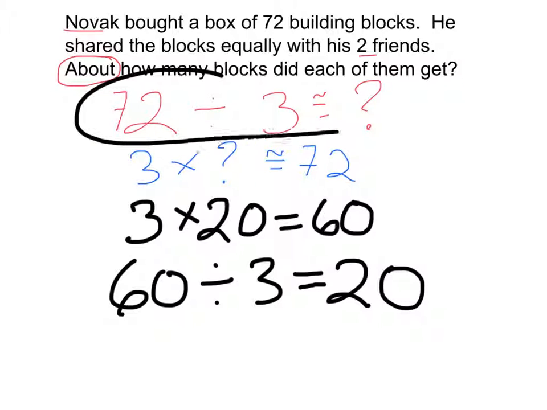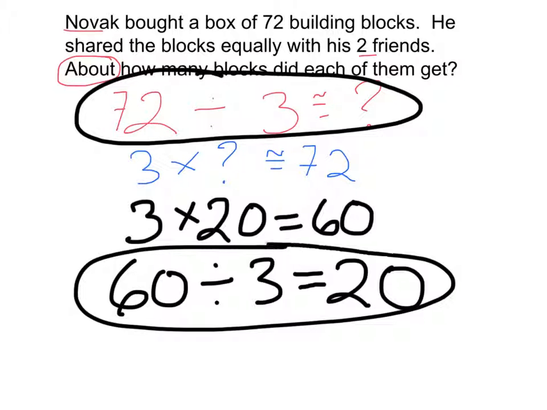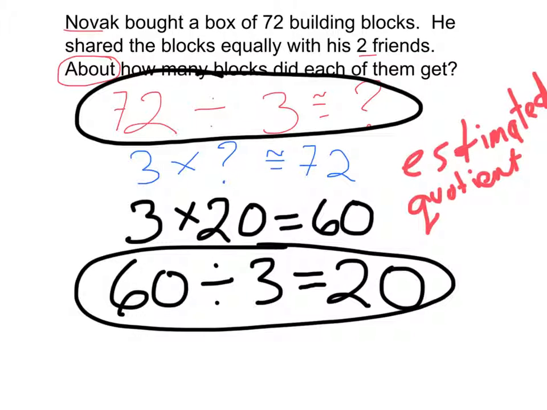Again, let's look at this problem that we made for the word problem and this number sentence that we made just now. They are very similar, and we can find that the estimated quotient is 20 because 20 times 3 is close to 72.